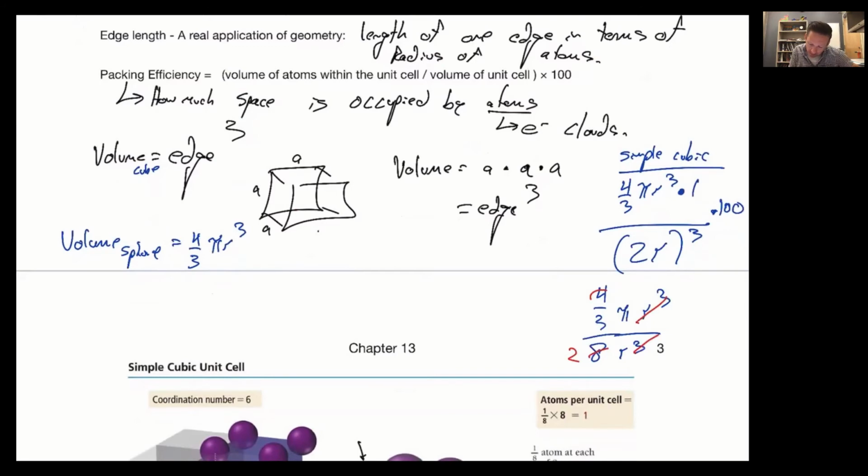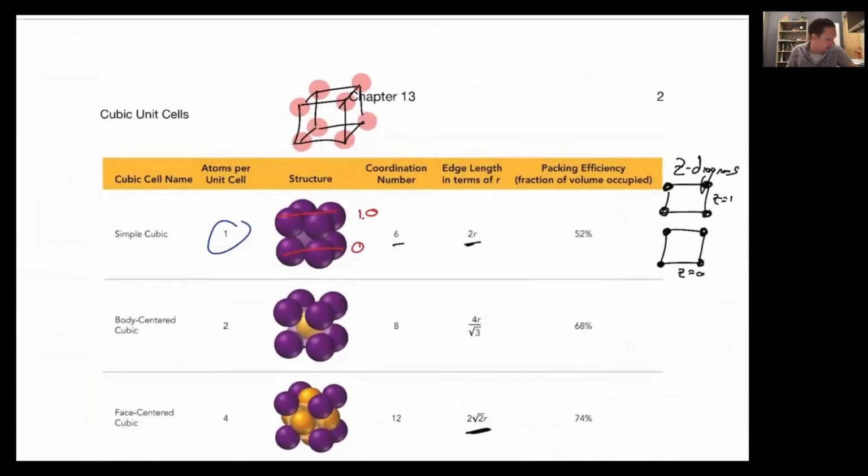So now we got, it's like pi over 6, which I think is right. 3 times 2. And so if you take pi and divide by 6, 0.5236. Please tell me I think that's right.